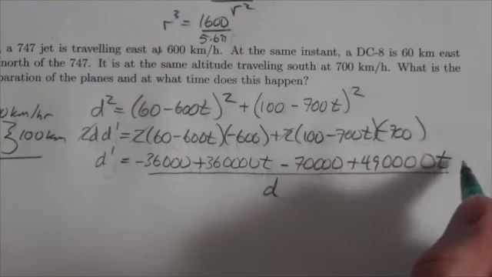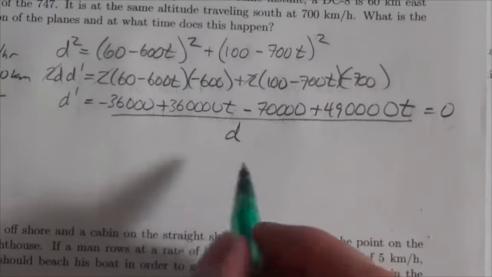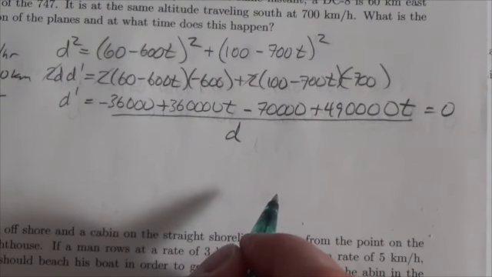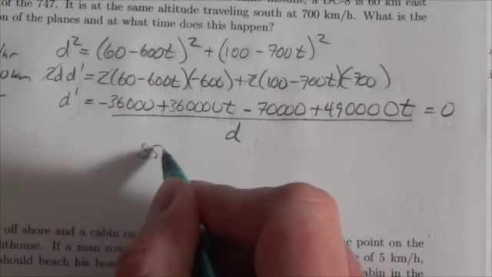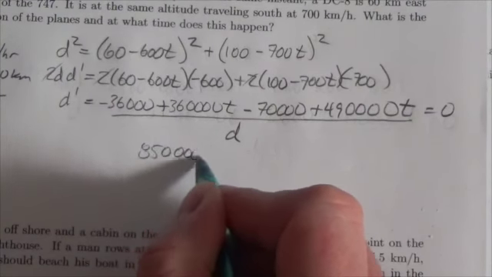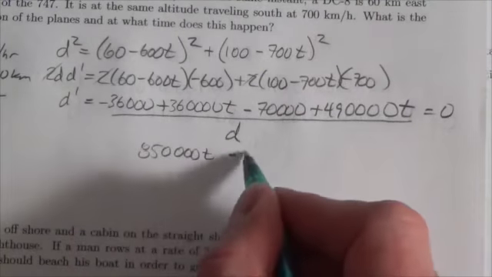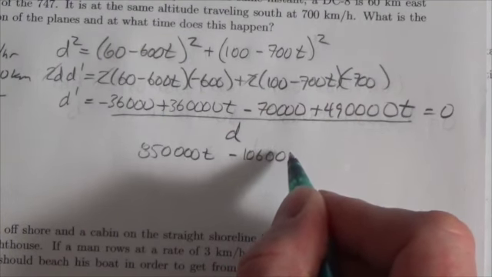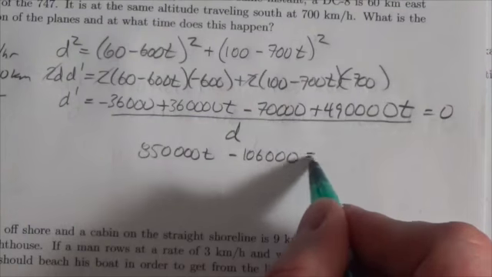Now what we're going to do is set that equal to 0. Because it's equal to 0, I'm going to multiply through by d just to get rid of that, so the denominator is no longer the issue. And then I'm going to add together the terms here. So I'm going to get 850,000t minus 106,000 is going to equal 0.